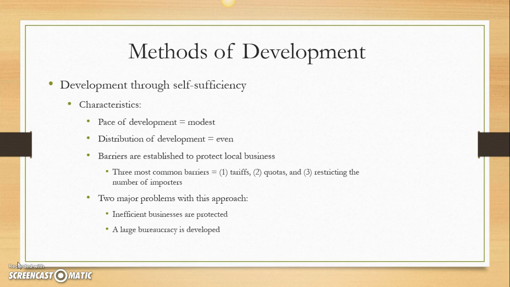Okay. In general, the way that this works is that there are some barriers that are established to help protect local businesses and kind of nurse them through that initial startup phase.